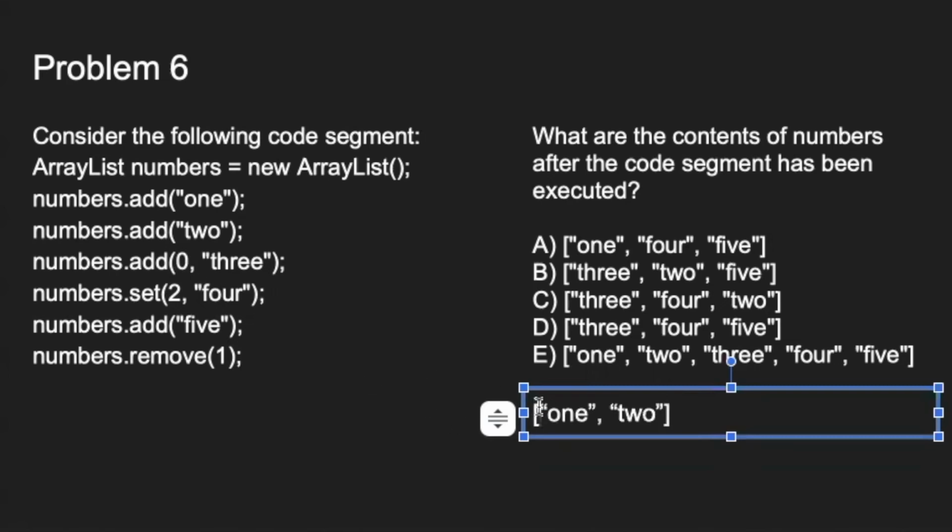So index 0 is right here. And then we set the element at index 2 to 4. So this becomes 4. And then we add 5. And then we remove the element at index 1. All right, so we're left with this, which is answer choice D.